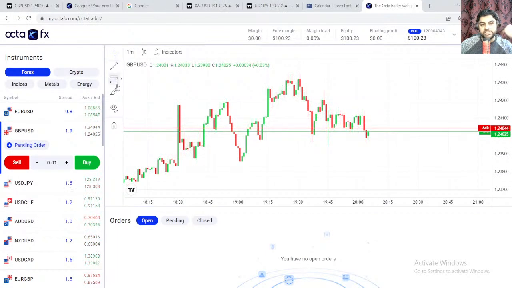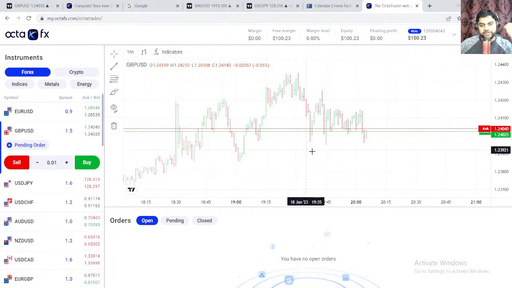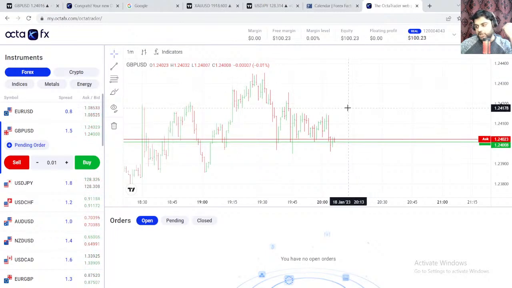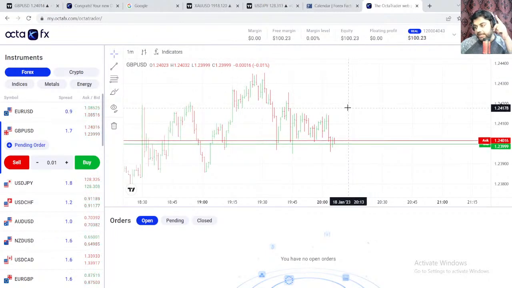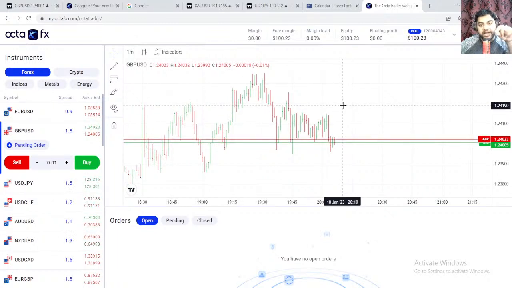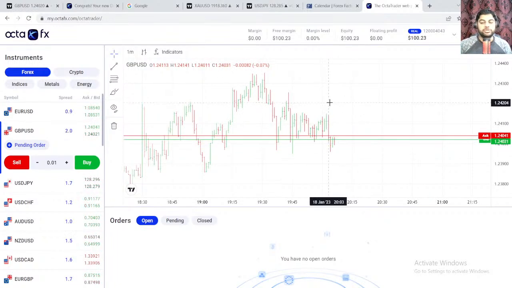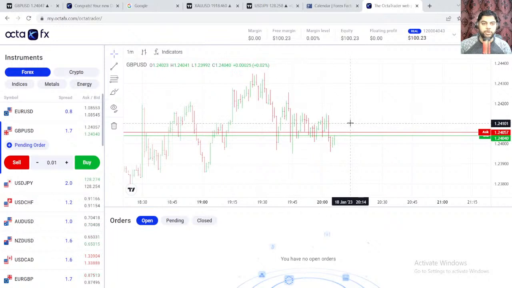And you can see that this platform pretty much looks like what? Looks like TradingView, doesn't it? So this has the advantage of looking like TradingView, but you can actually make some trades in this platform. Guys, I hope you know about this wonderful product of octafx.